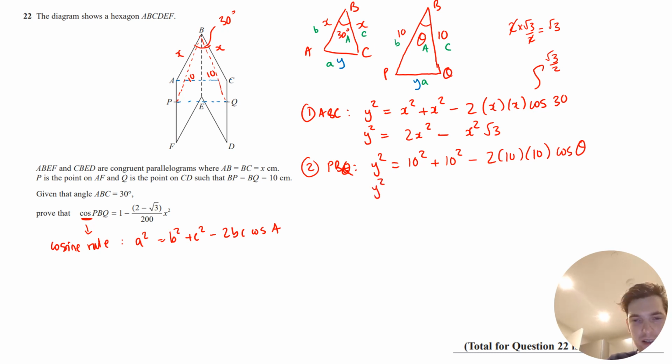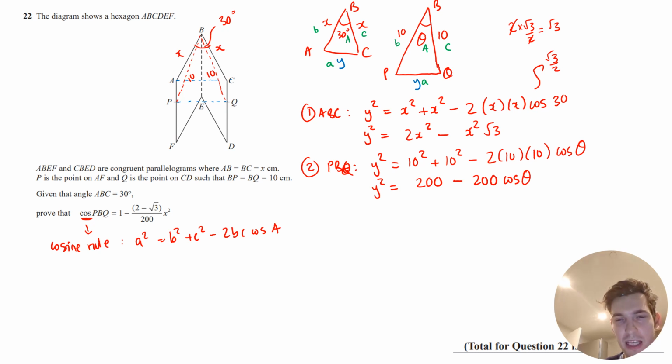So that's y squared equals 100 plus 100, 200, minus 2 times 10 times 10, so that's 200 cos theta.